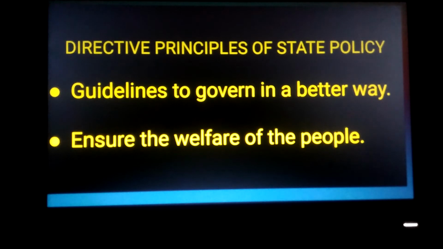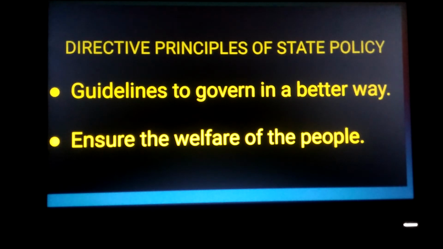As fundamental rights are a must that should be given to all the people living in India, but these directive principles of state policy, as the name suggests, are just the guidelines to the government so that the government works in a better way, but no one can force the government to apply these directive principles in the state.